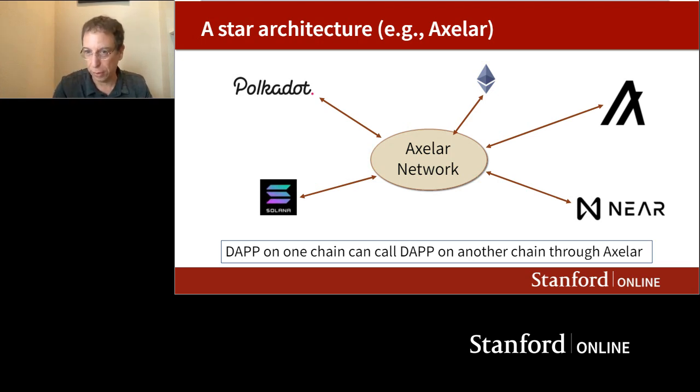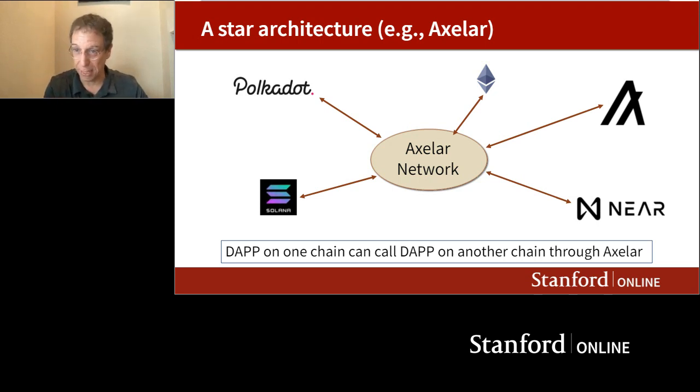The smart contract can respond. You can even chain calls, and all that is done through the Axelar network. It's kind of an elegant design, and so hopefully this interoperability problem will be solved too by correct use of bridges and bridging networks like this.